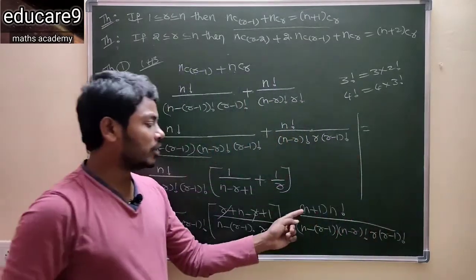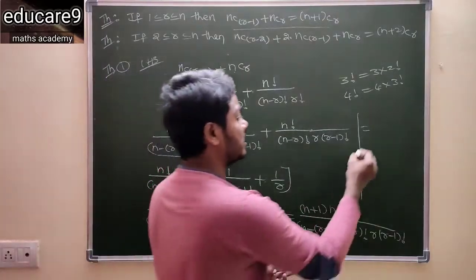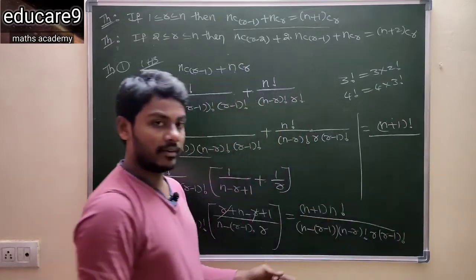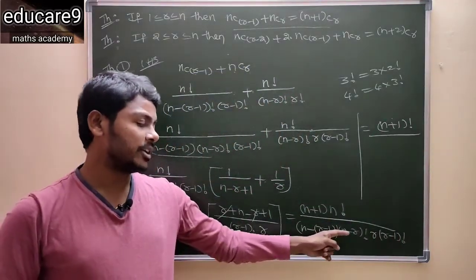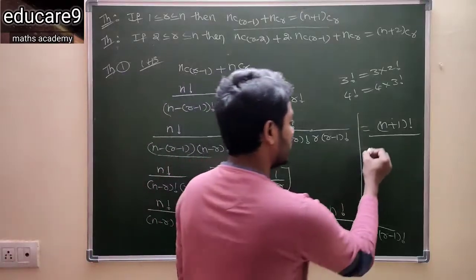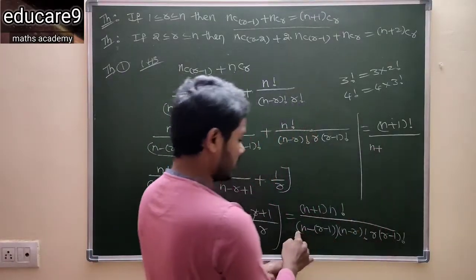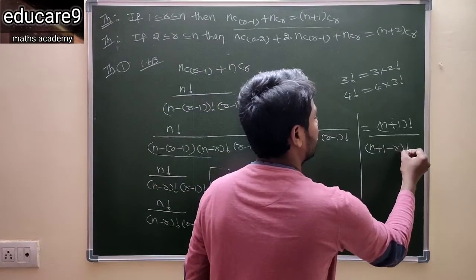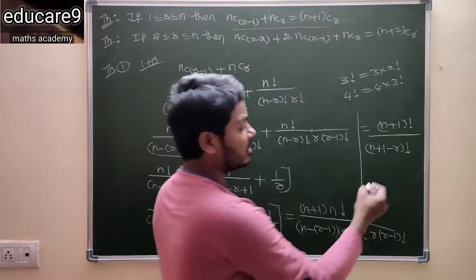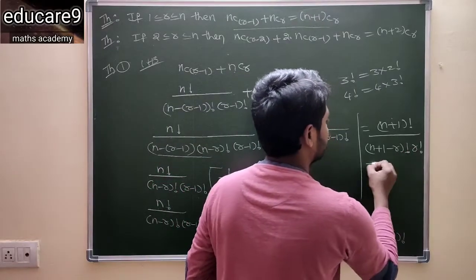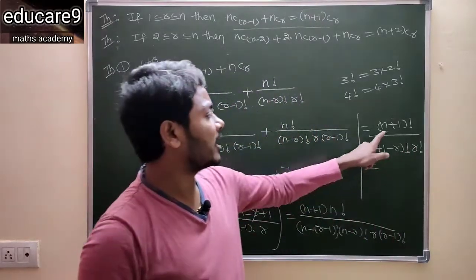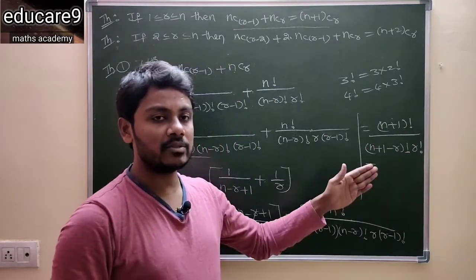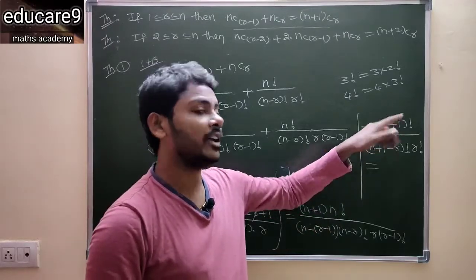See here, how to write (n plus 1) into n factorial? Simply that is (n plus 1) factorial. The denominator (n plus 1 minus r) factorial, and r into (r minus 1) factorial is written as r factorial. So here it is in the form of n factorial by (n minus r) factorial into r factorial, which is nCr, but in place of n we have n plus 1.